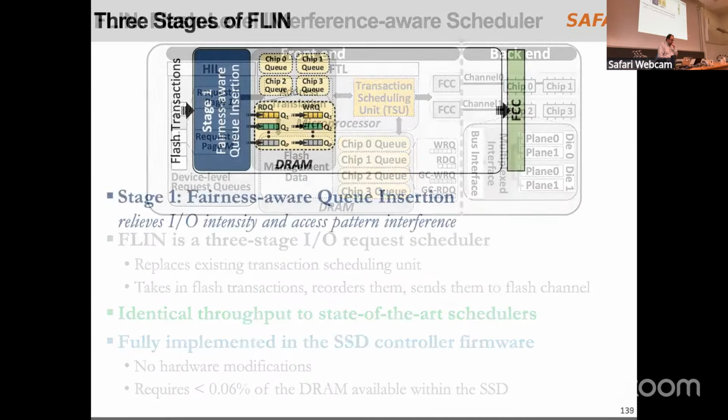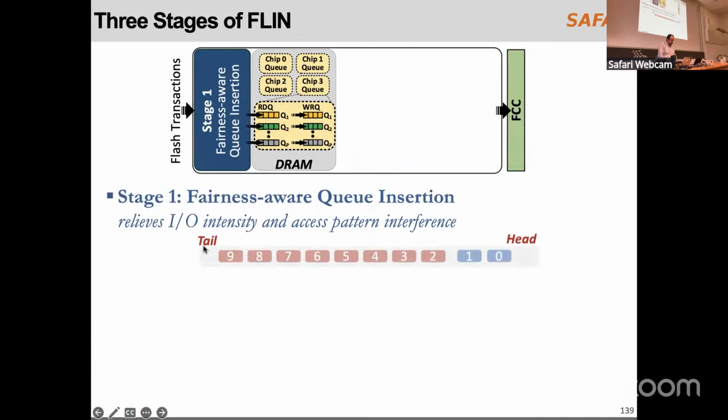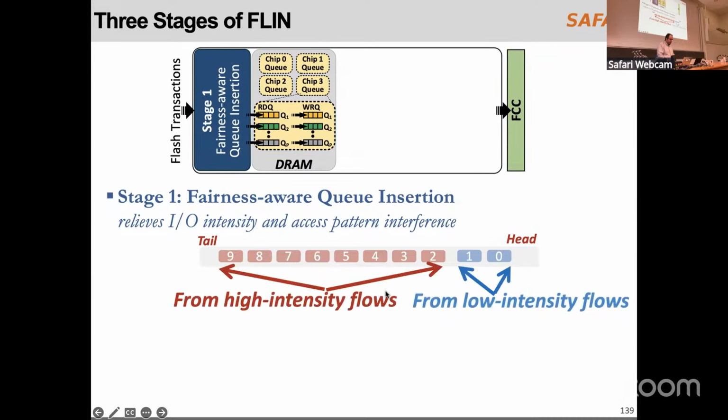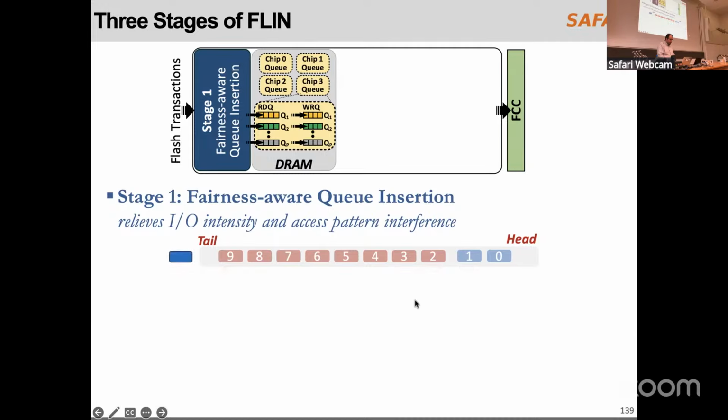In stage 1, we do fairness-aware queue insertion, which is in line with handling the first source of the problem, different I/O intensities. So when we have this queue, with the tail and the head, and we get requests from low intensity flows, we reorder them and put them at the head of the queue.